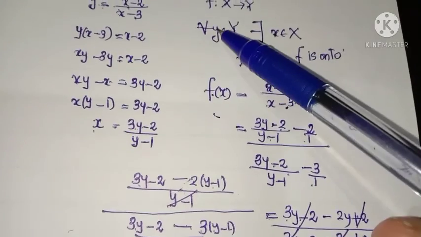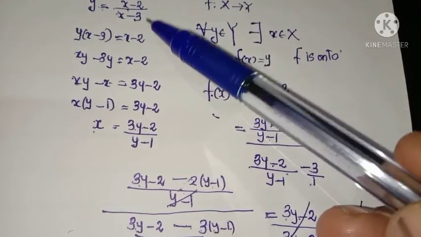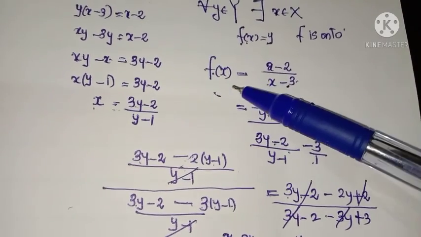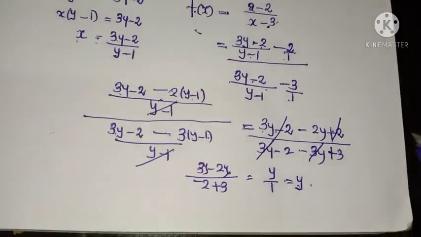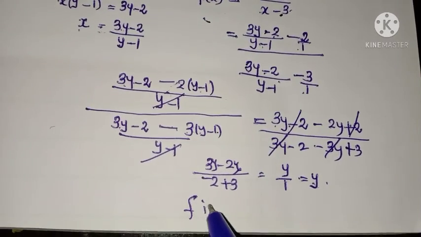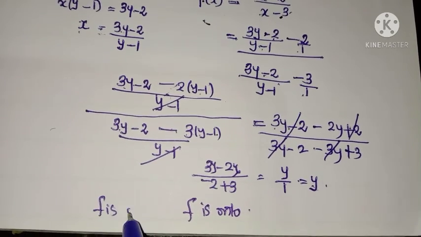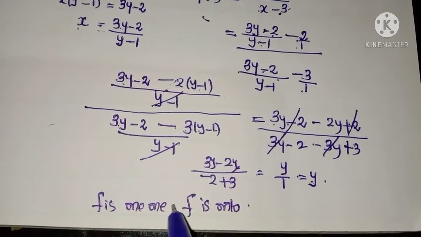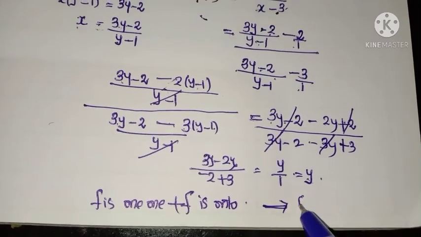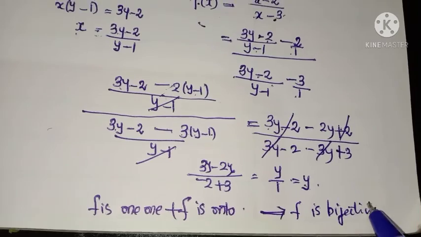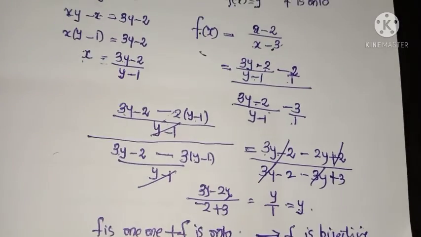So for every y belongs to Y, there exists an x belongs to X such that f of x equal to y. Therefore f is onto. Okay. So f is one-one and f is onto, that is, f is a bijective function. F is a bijective function.